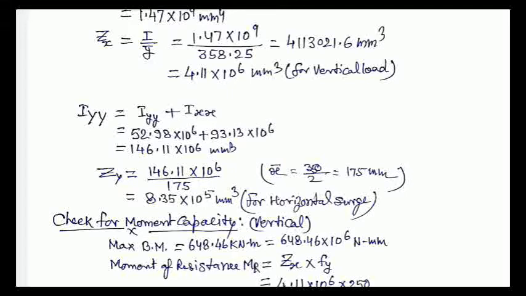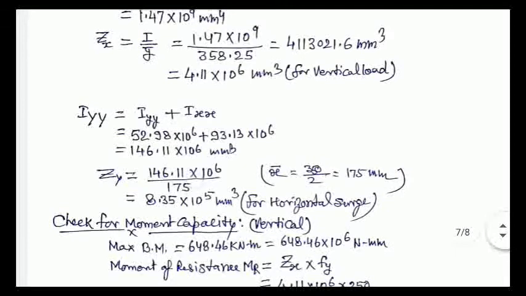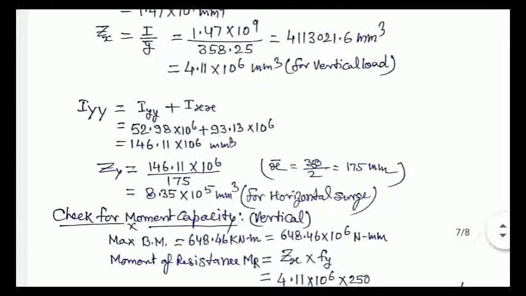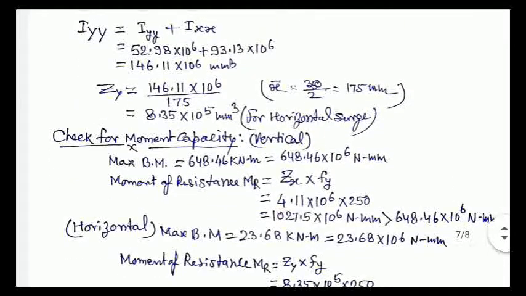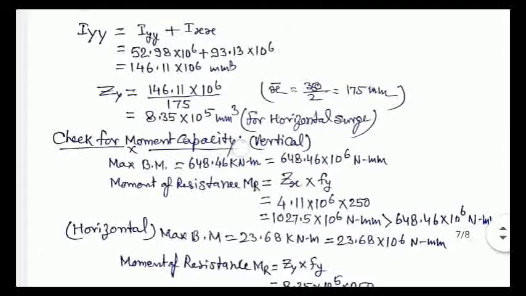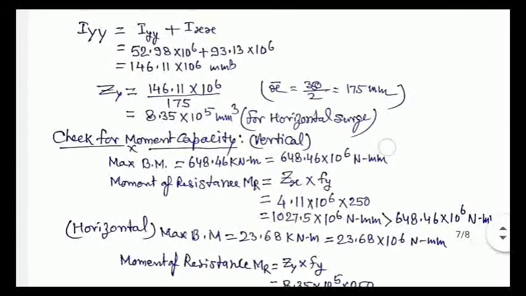So this comes out to be 146.11 into 10 raised to power 6 mm cube. So in the lateral direction, the section modulus of the gantry girder will be Zy, which is Iyy divided by Y max. Y max will be 175, just half of the channel section. So this comes out to be 8.35 into 10 raised to power 5 mm cube for horizontal surge.